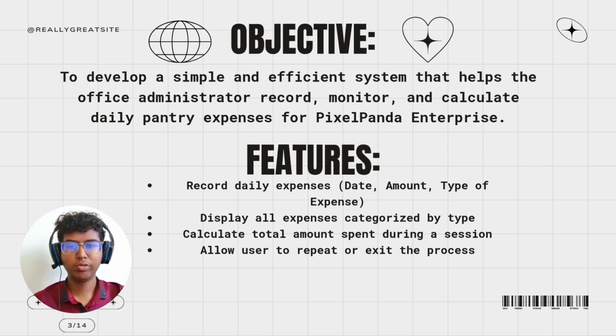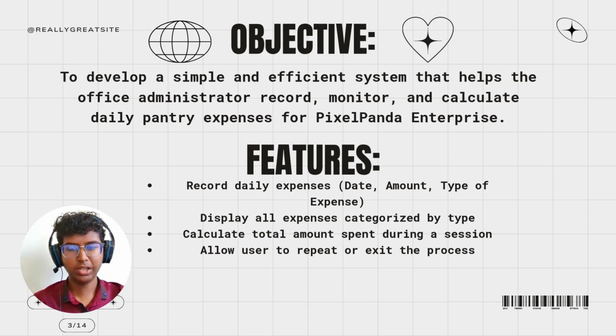So now let's move on to objective and features. The main objective of this system is to develop a simple and efficient tool that helps the office administrator keep track of daily spending. This system allows the user to record the date, amount, and type of expense, ensuring every transaction is properly categorized.